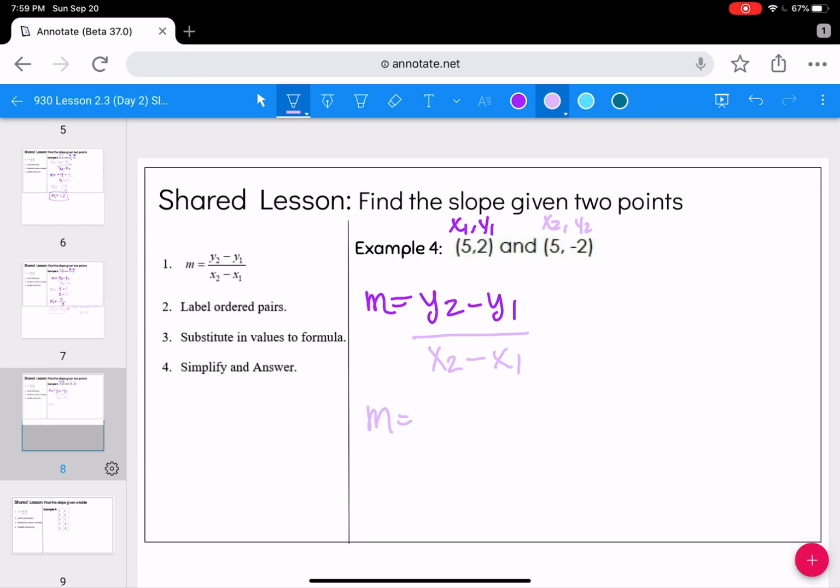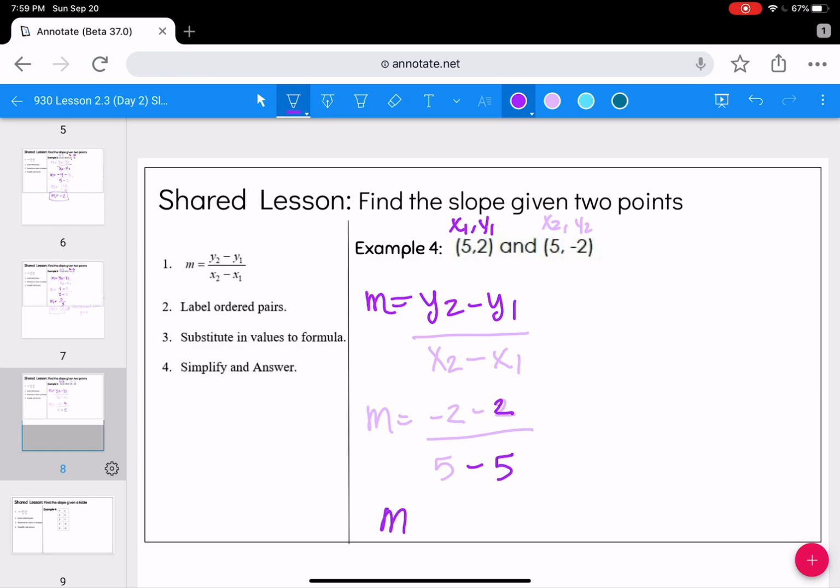So my y2 value is -2. We are subtracting from my y1 value, which is 2. And then we have our x2 value, which is 5, minus our x1 value, which is 5 as well.